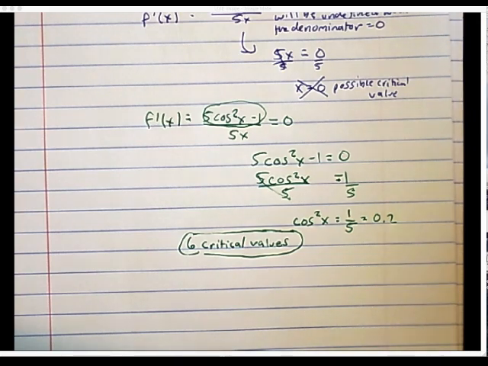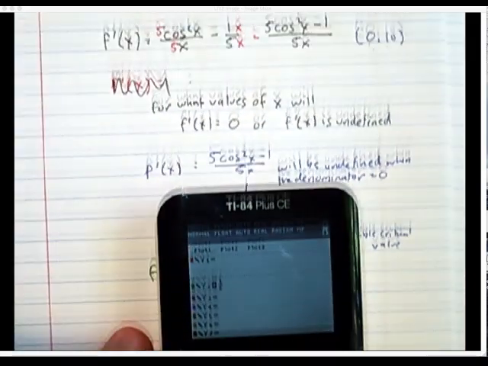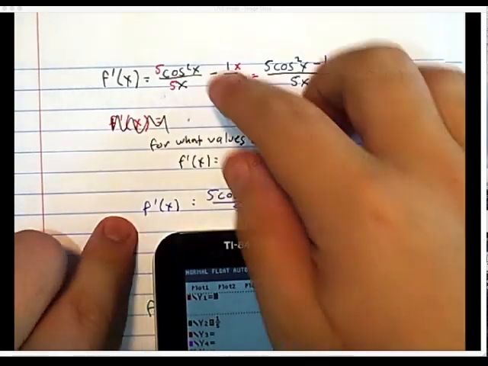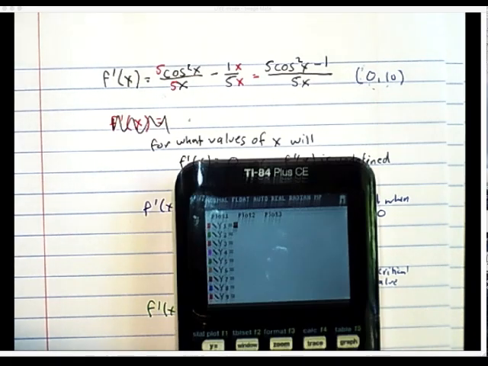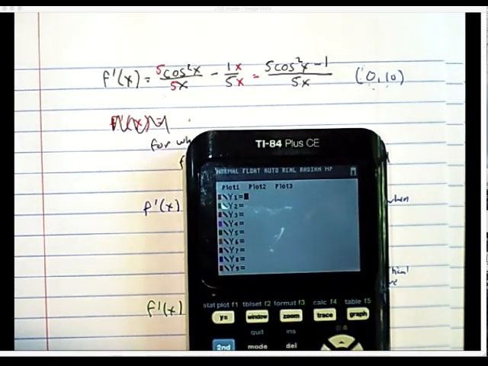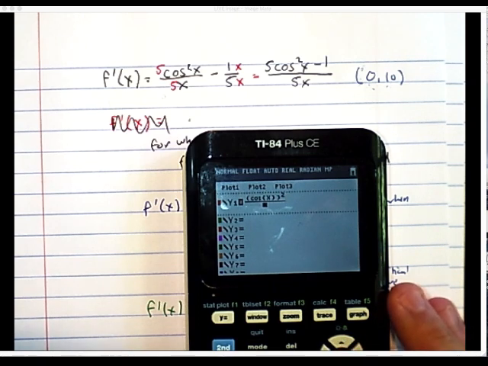You could have done this another way. I could have just put the original problem in. Let me go back up to the top. Let me do that. If I put the original problem in here, I have cosine of x squared over x minus a fifth.